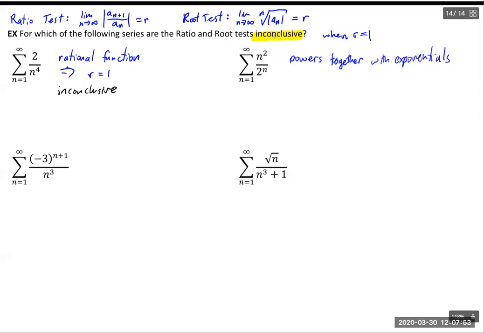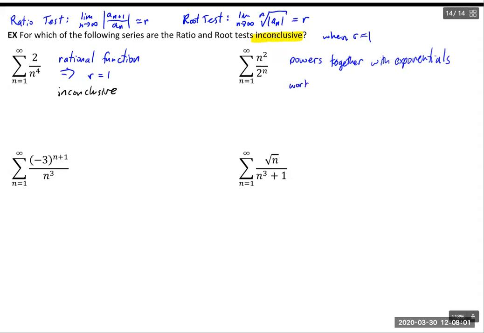So as long as these appear together, these are perfect for both tests, and will give a conclusive result. In fact, if you want to study this problem on your own, we will get an r value of 1/2 for both tests, okay?